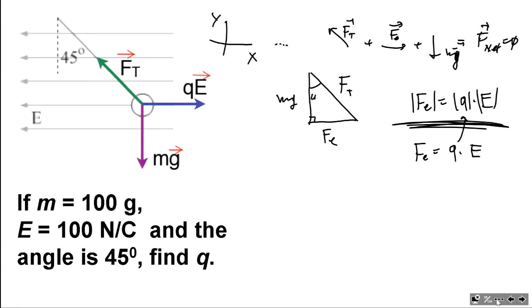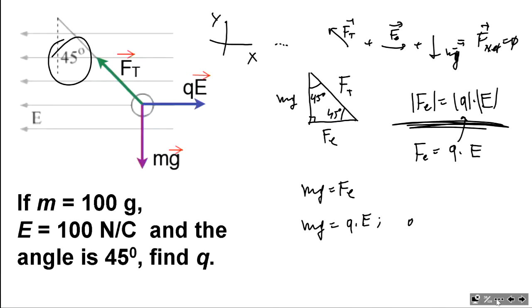This is a 45 degrees angle. How do we know? We have eyes. Which means in this triangle both sides are equal to each other. So mg is equal to qE, and in this case q represents the magnitude, and what are we looking for?